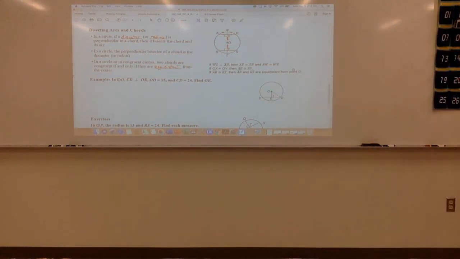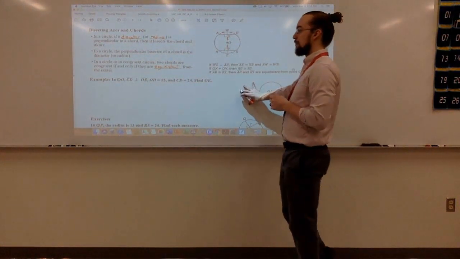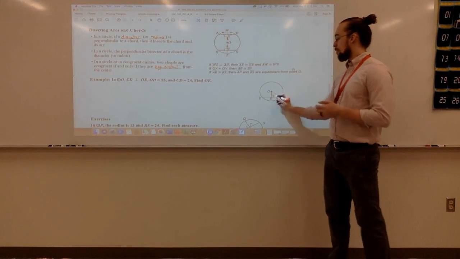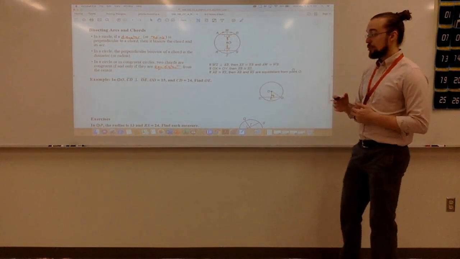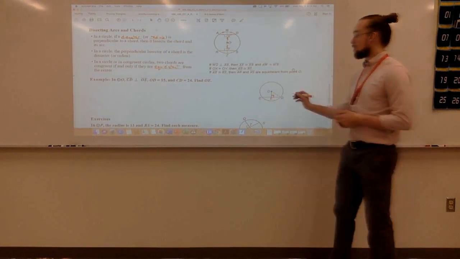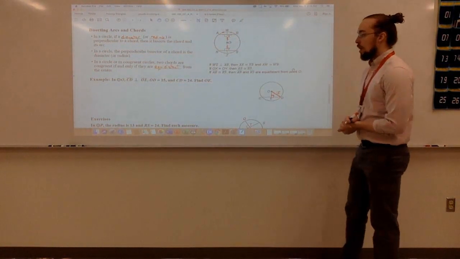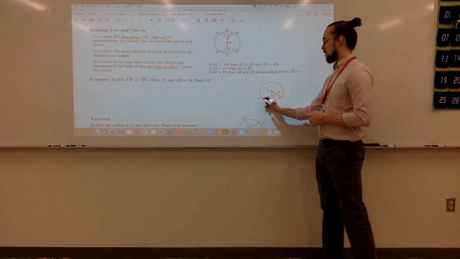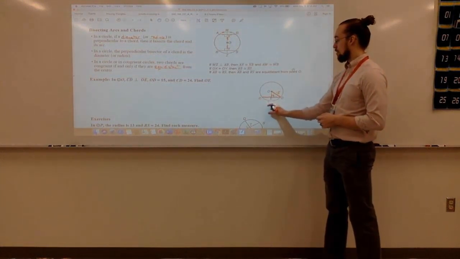If we look at this example here, what we are told is that CD and OE are perpendicular. I know OD, which is a radius of this circle, is 15, and I know that CD, this entire length of this chord, is 24.